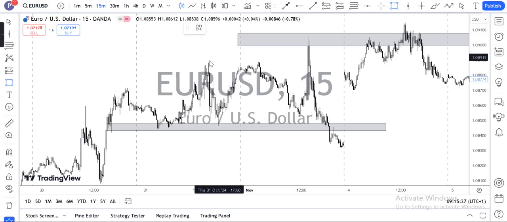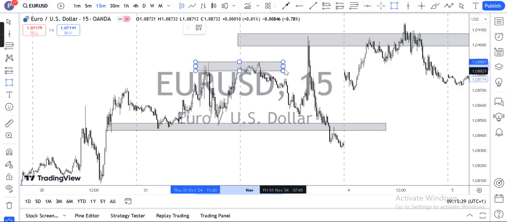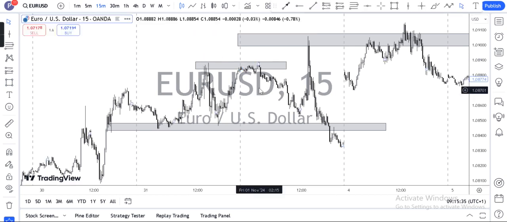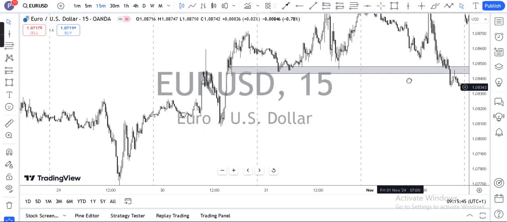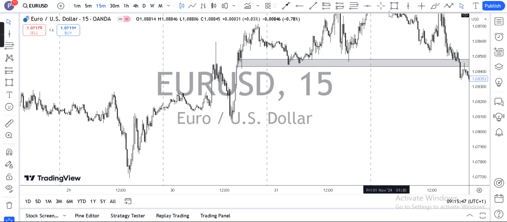Now, if you can see this particular point here, price tapped it twice. We had the first tap, we had the second tap. Basically, that tells us that this particular point is a level of resistance. This particular point where market tapped it 1, 2, 3, price basically at that point created a level of support.